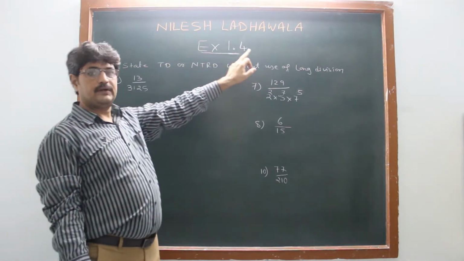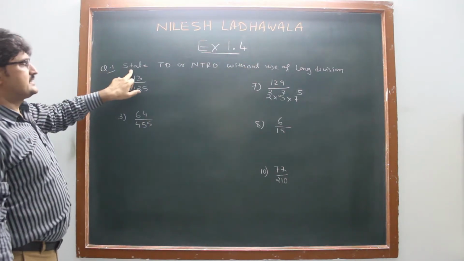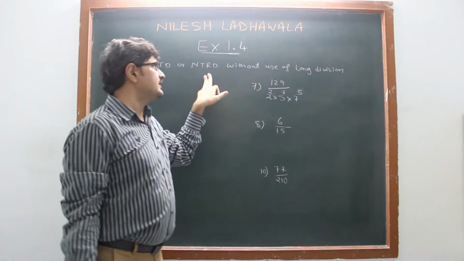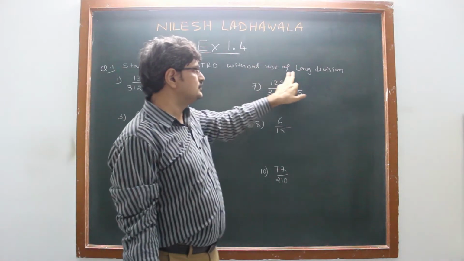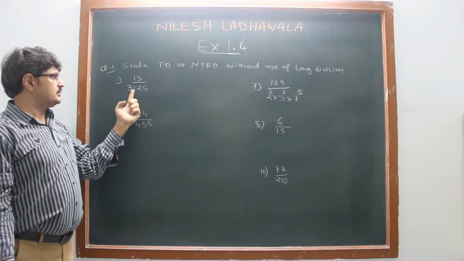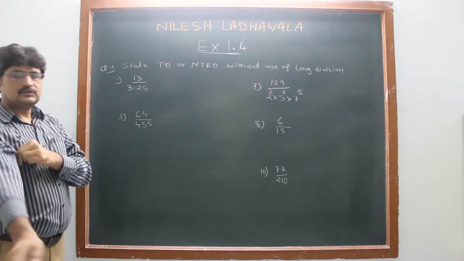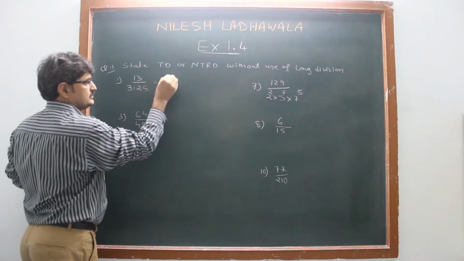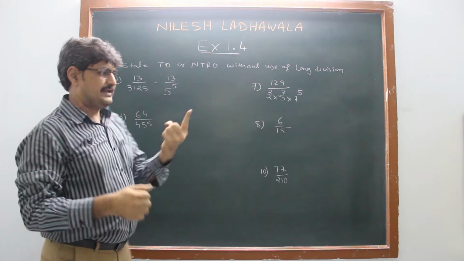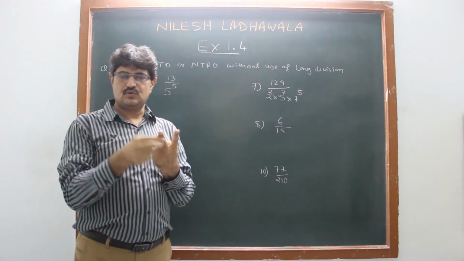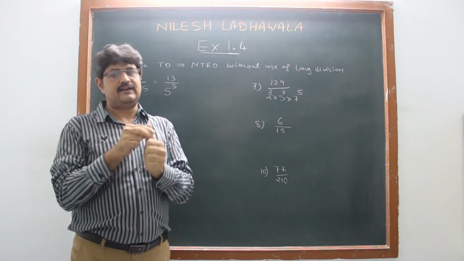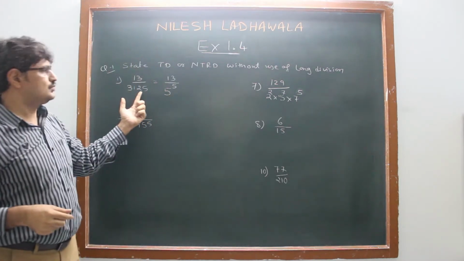Now exercise 1.4, question number 1. State whether these numbers are terminating decimal or non-terminating recurring decimal without use of long division. The first term is 13 upon 3125. Now 3125, as you know, is 5 raised to 5. 5 raised to 1 is 5, 5 squared is 25, 5 cubed is 125, 5 raised to 4 is 625, and 5 raised to 5 is 3125.